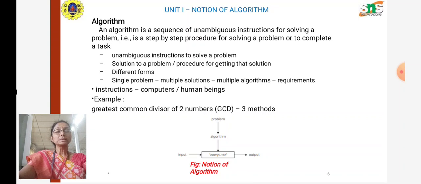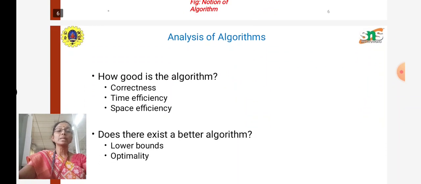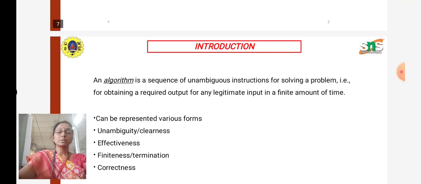For example, consider the problem of finding the greatest common divisor of two numbers. For finding the GCD of two numbers we have 3 methods. One is Euclid's algorithm, using which we can find the common divisor of the two numbers. Another is the consecutive integer checking algorithm.